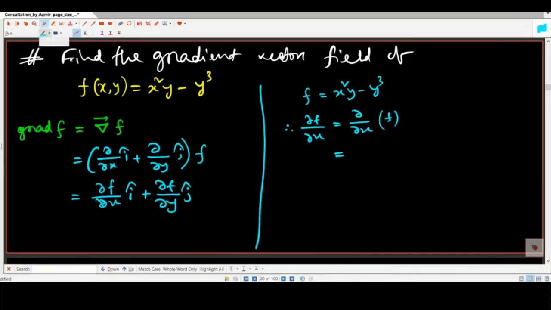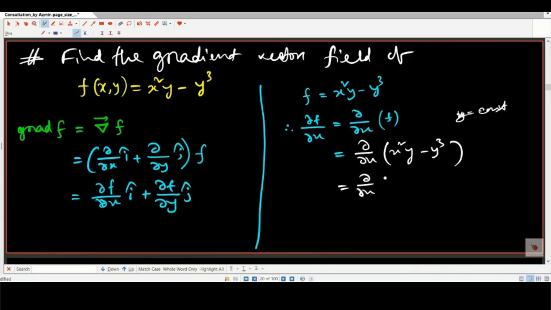Whenever we are differentiating in terms of x, remember y will be constant, because this is the action for partial derivatives. So ∂/∂x of x squared y minus y cubed. So let us separate the terms: ∂/∂x of x squared y minus ∂/∂x of y cubed.